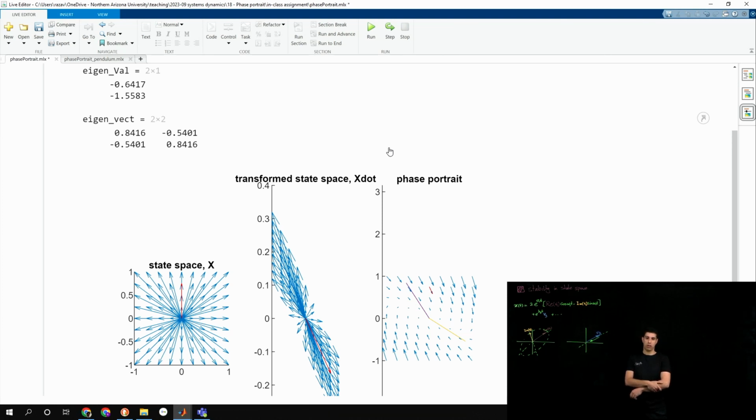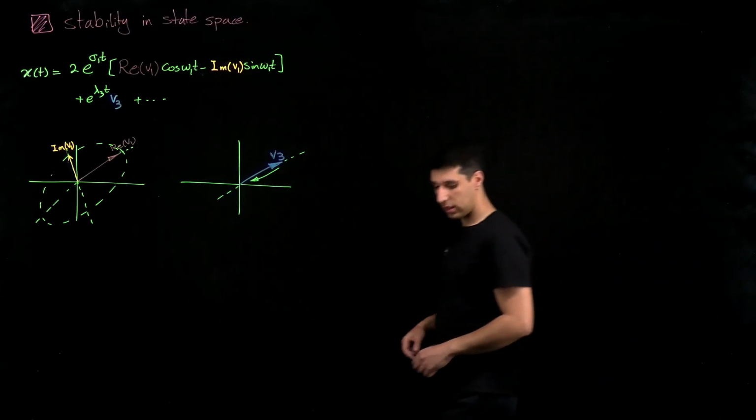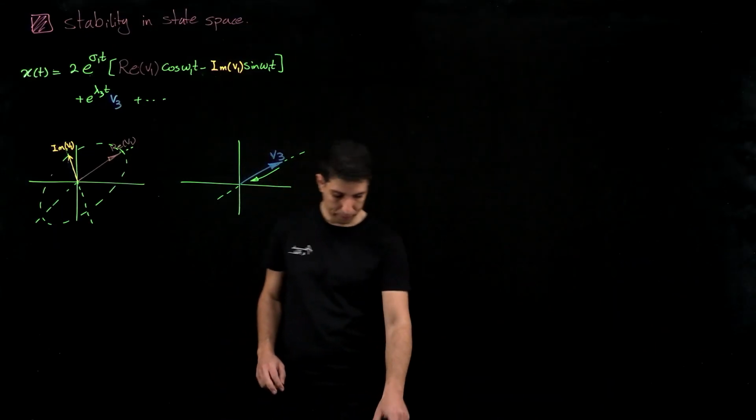So here it is evident that the system is converging towards zero along the purple line faster than along the yellow line. This means the size of the eigenvalue associated with the purple is bigger, and I have a faster convergence towards zero. Okay, that was another thing I wanted to show you.